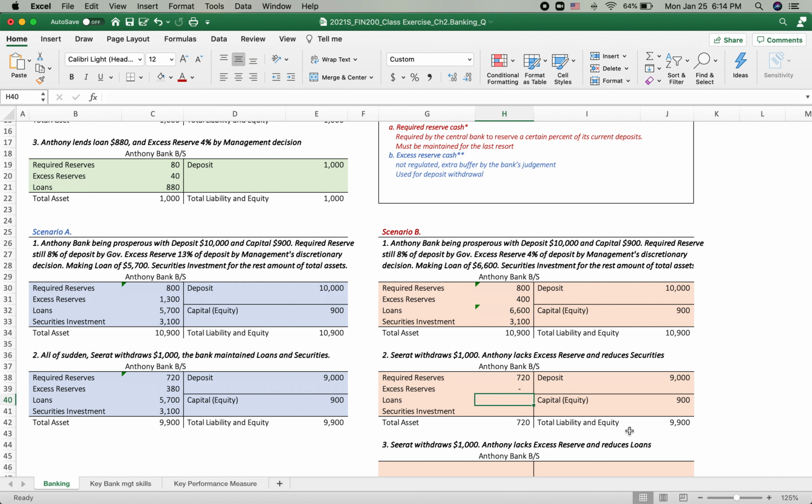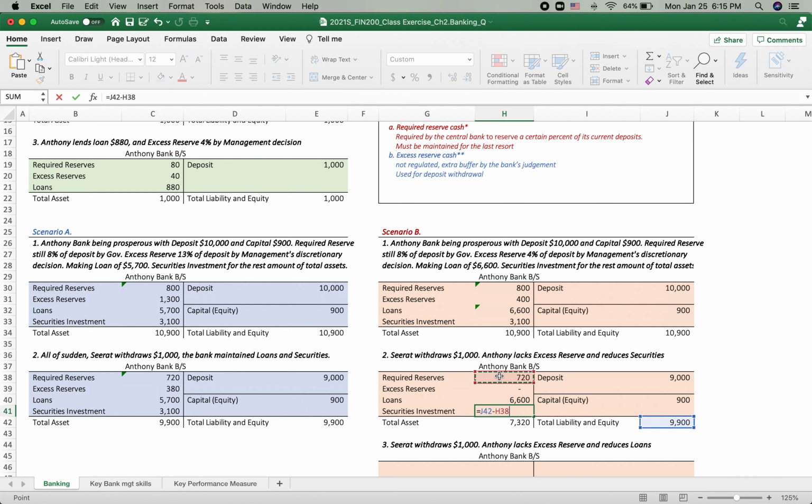And then the entering banks decide to reduce the securities investment. That means they don't touch the loans, right? Then securities investment: how much do they have to sell to make cash to respond to this withdrawal?